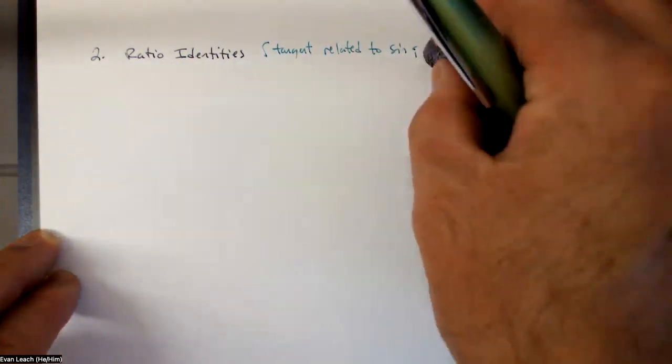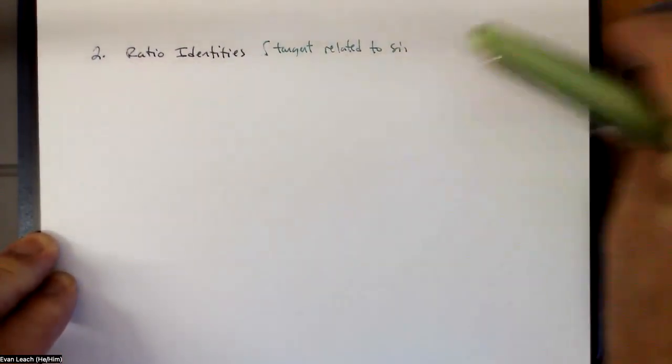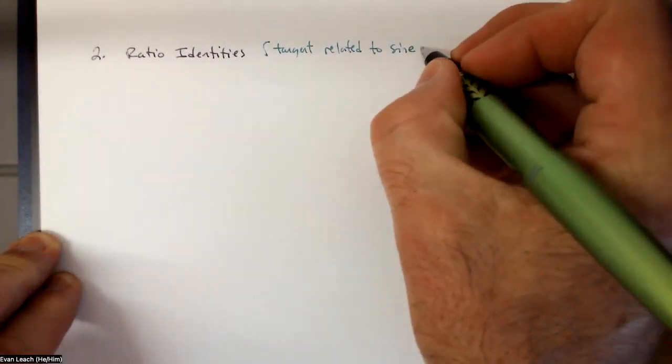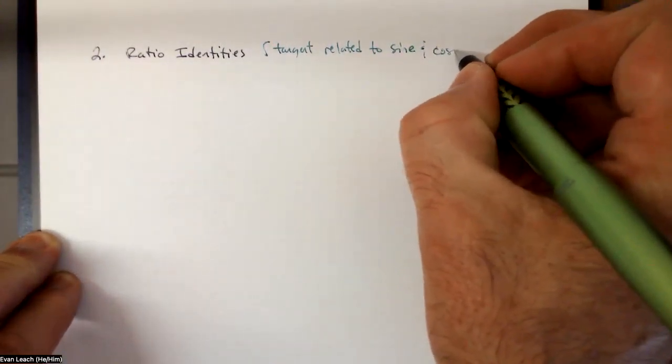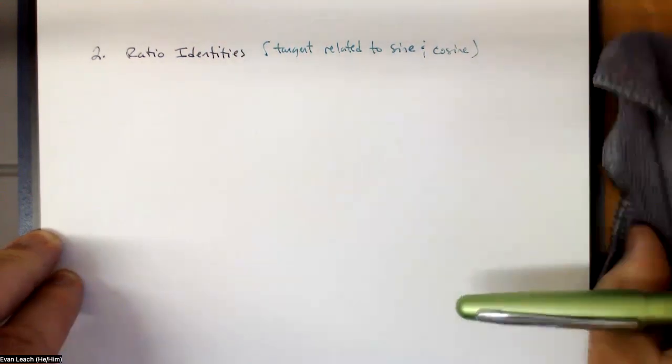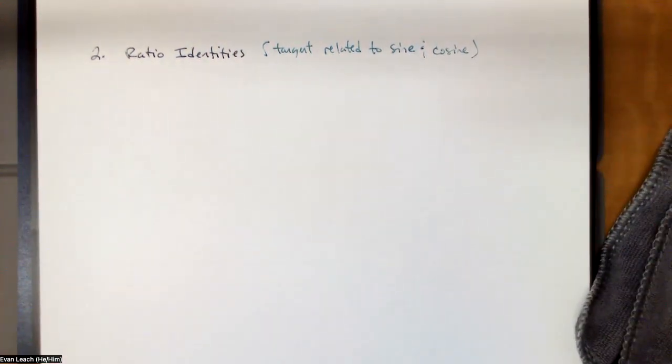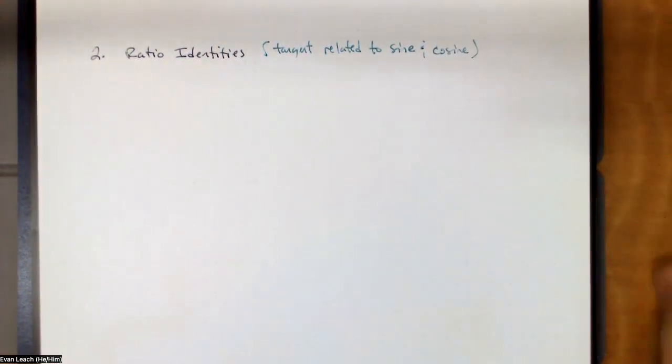The ratio identities give us a relationship between tangent and sine and cosine, and that would also mean cotangent in sine and cosine. Here are the ratio identities.